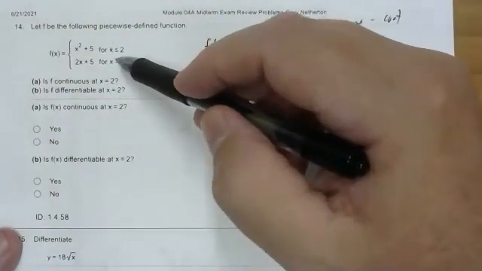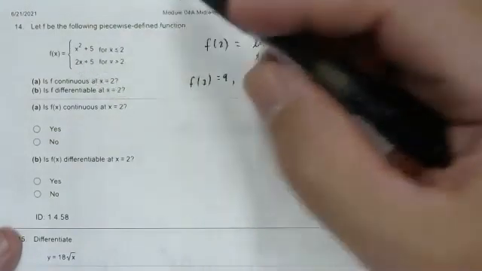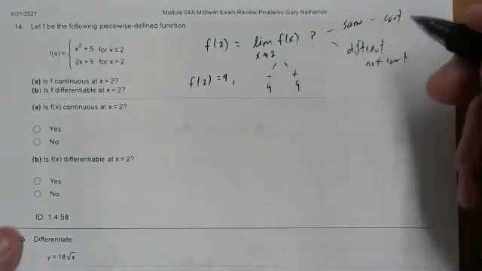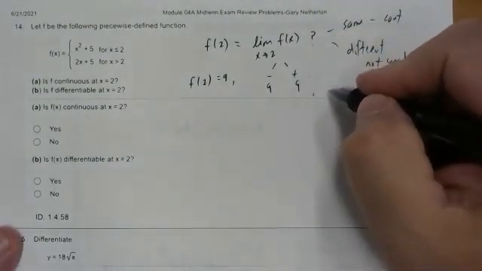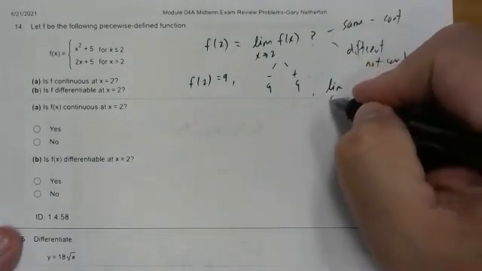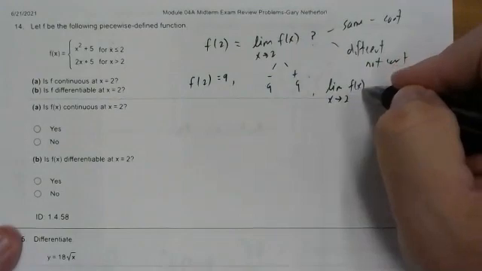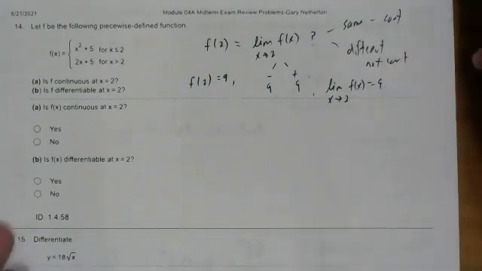Now, if we come from the right side, we plug in 2 for x and it's also 9. So the good thing is we do have a limit. The limit as x approaches 2 of the function does equal 9.